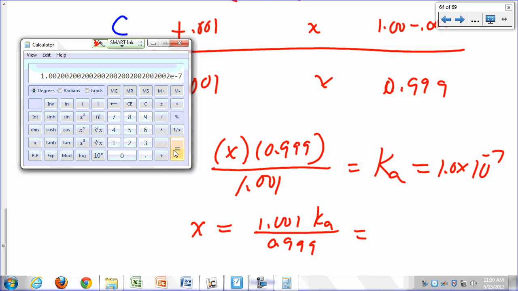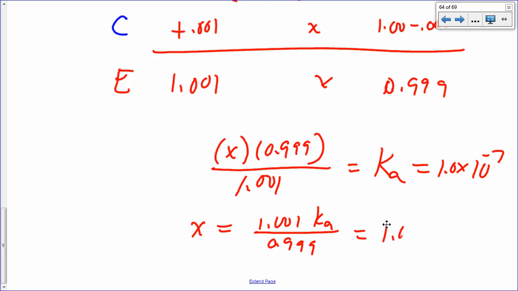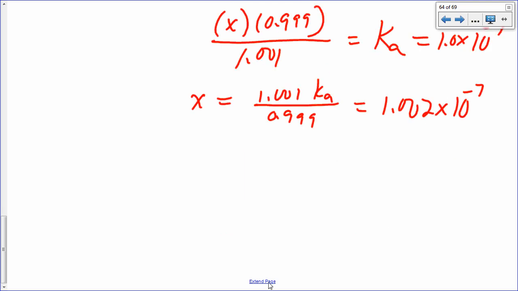That gives me 1.002 times 10 to the negative 7. Okay. You see much of a change? What's your pH this time? Still going to be very close to 7.